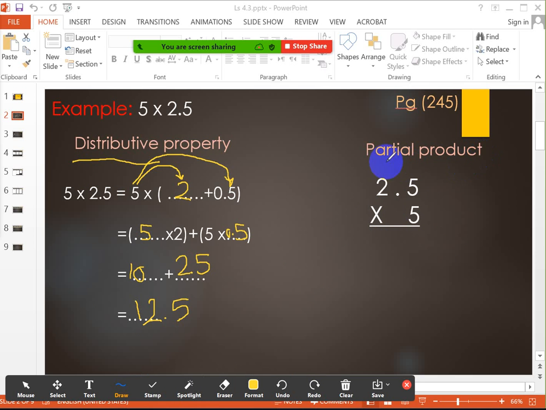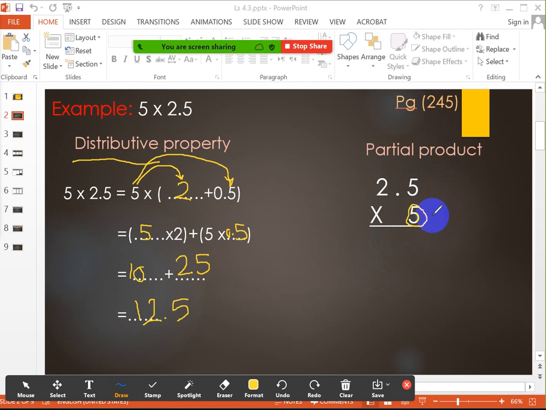Okay, you remember partial product told me that you have to multiply the one digit number with each digit in the two digit number according to the place value of the digit. So look at the first multiplication. First thing, I will multiply 5 with 5. I will start with 5 multiply 5.